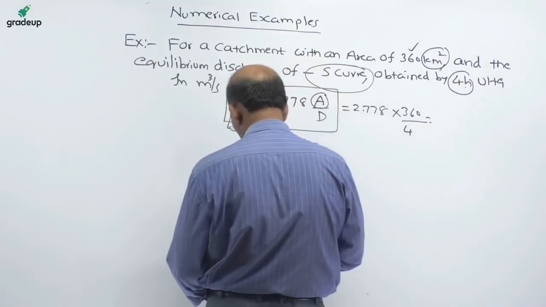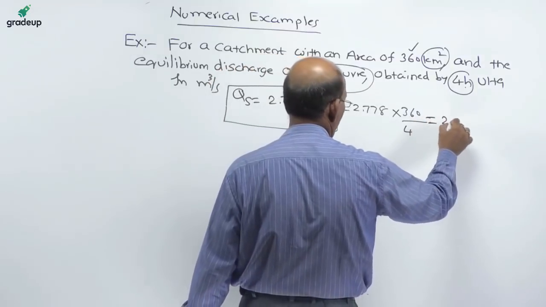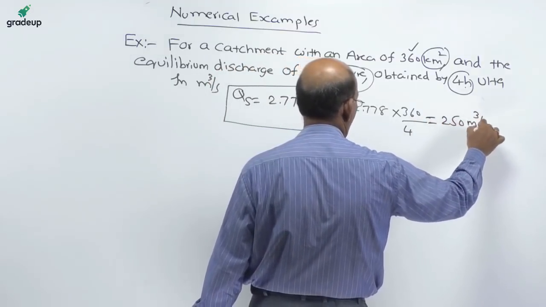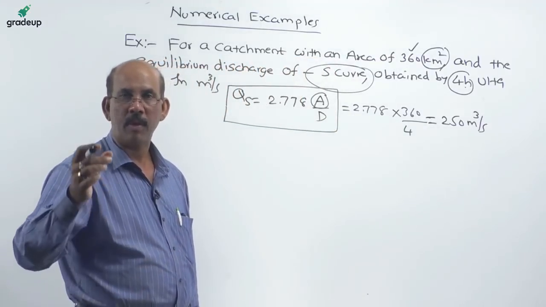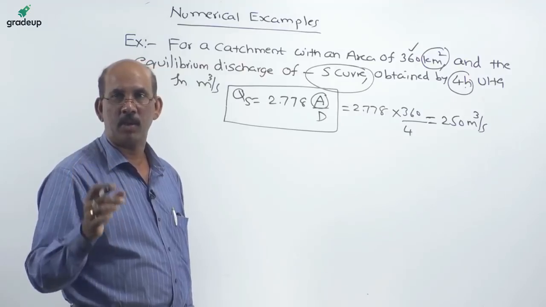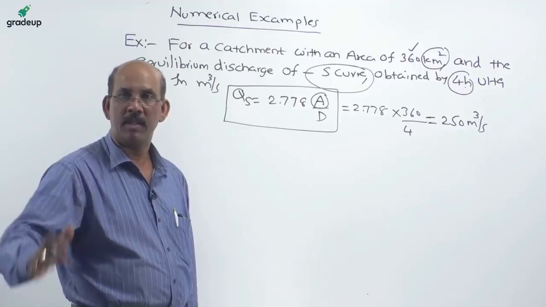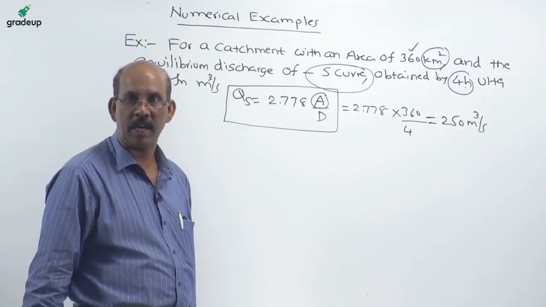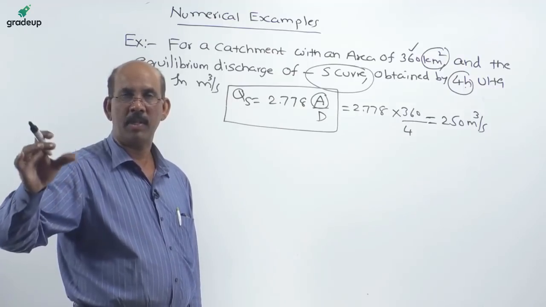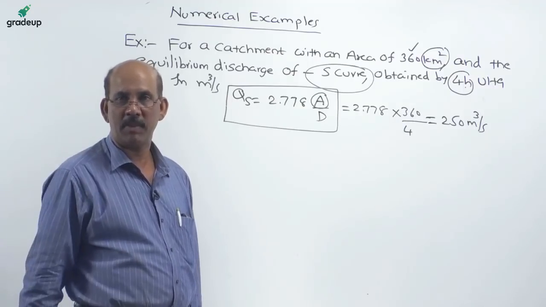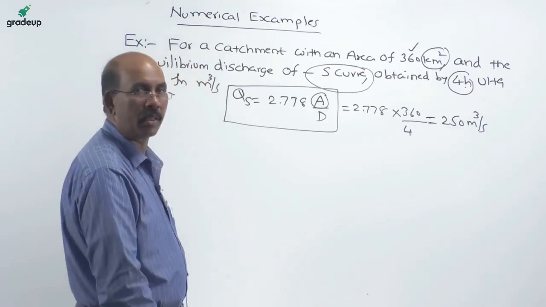So, this value is equal to 250 meter cube per second. So, now we can see with reference to these values, 250 meter cube per second is the equilibrium discharge, that is the highest maximum value which we have seen in our discussions. So, this is a direct question.